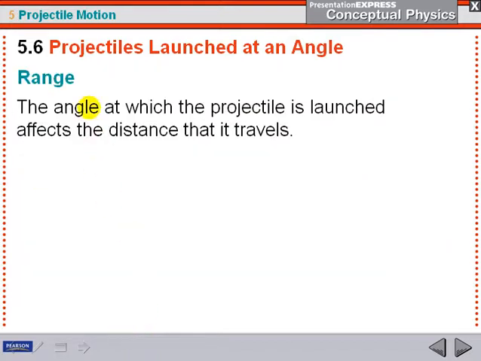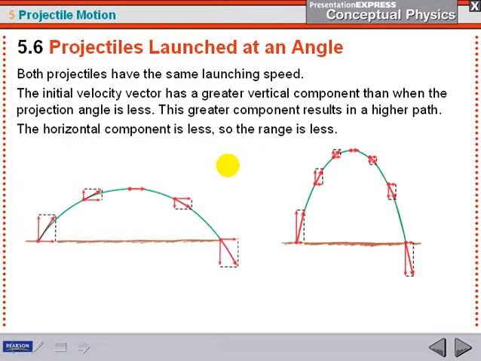Range. What is range? Range is how far distance it travels horizontally, and the angle at which you launch the projectile is going to have a lot of effect on it. Both of them were launched at the same speed. That would be this vector right here and that vector right there.